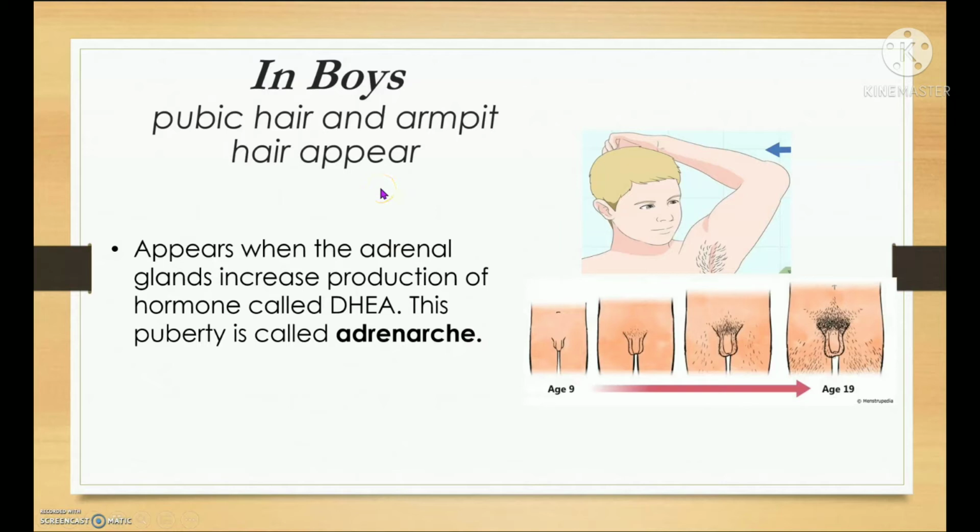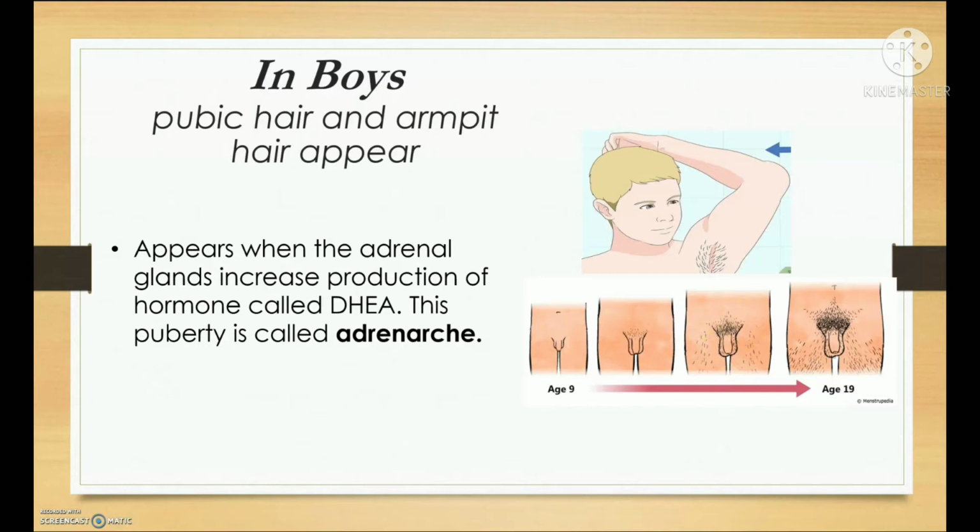Repeat after me. In boys, pubic hair and armpit hair appear. Very good. As we can see in this picture, the hair starts to appear in this young man's armpit. Also in the pubic area, the hair starts to appear.